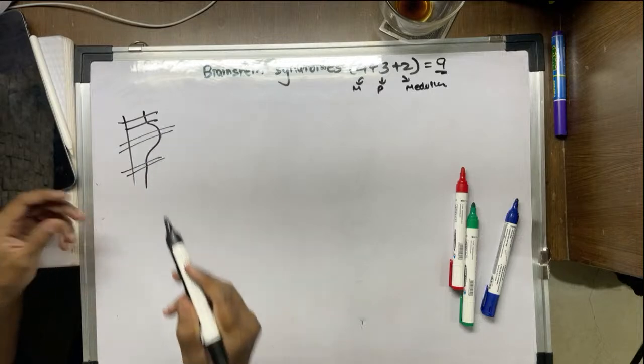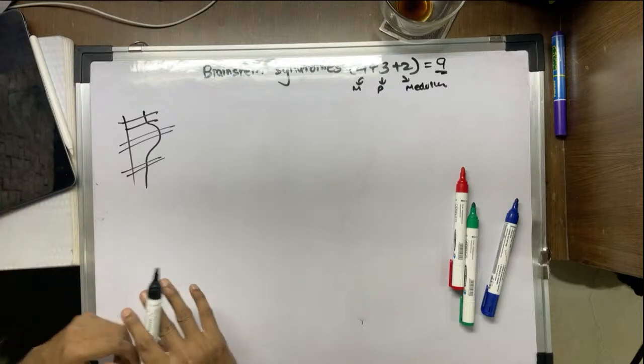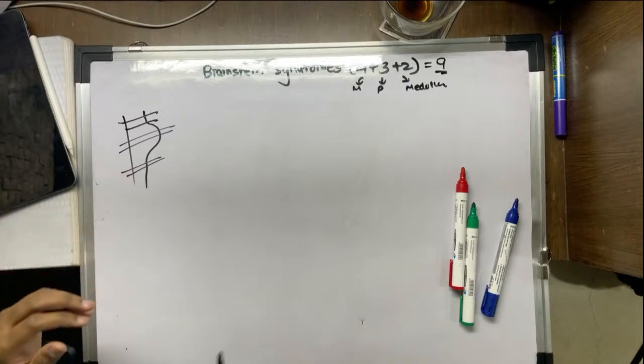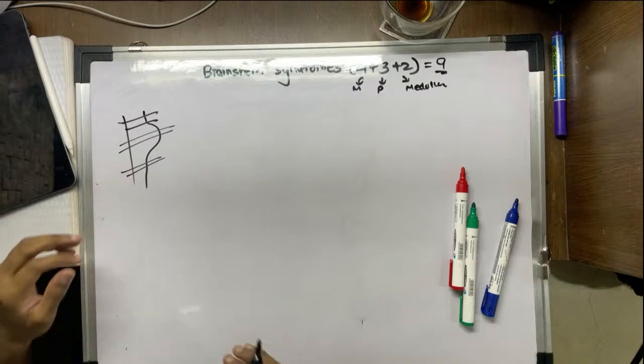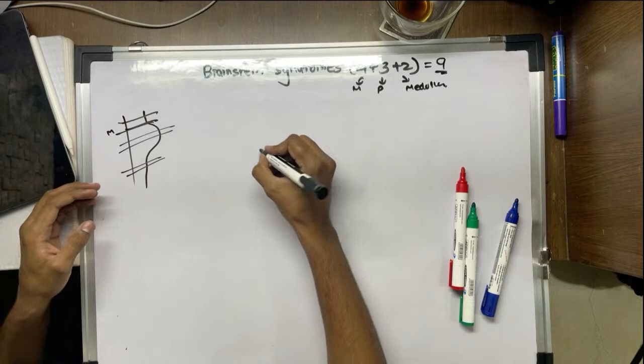Now obviously midbrain may also be taken at the level of superior colliculus or inferior colliculus, but we're not gonna do that. We're gonna do what is important for the exams. So for midbrain, we take a section over here and we draw it.